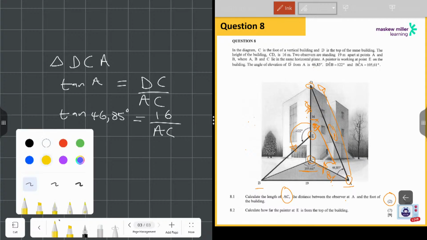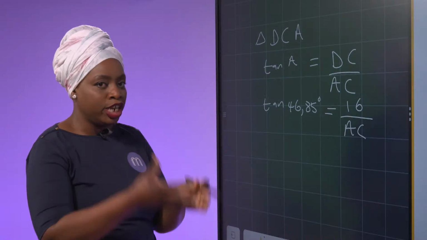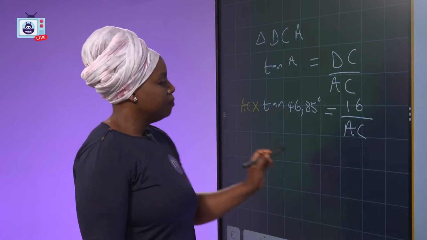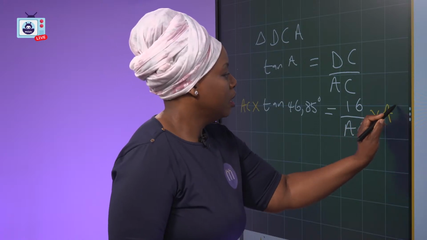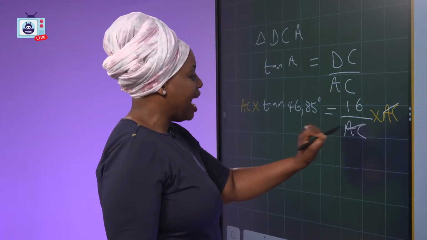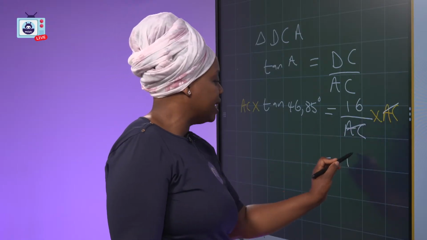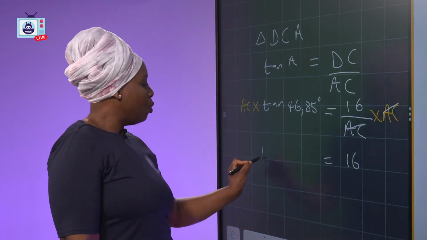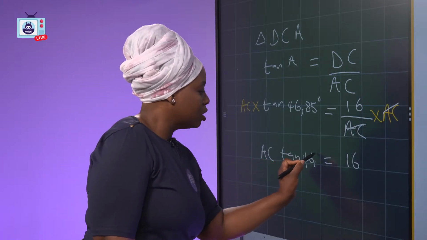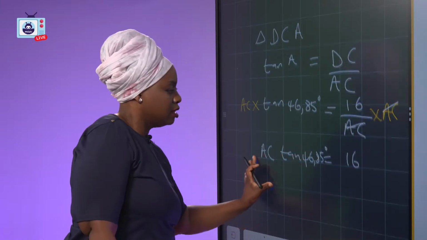Since we are looking for AC, we need to move it so that it is alone. We can multiply both sides by AC, so that on this side it divides out and we remain with only 16. And here we'll have AC tan 46,85 degrees.